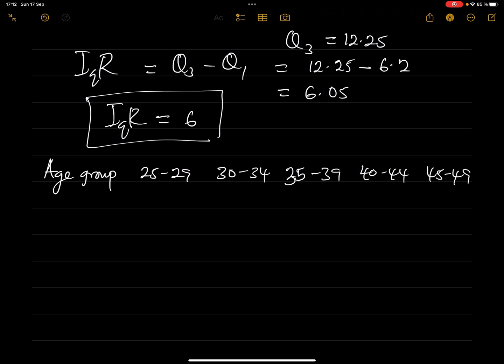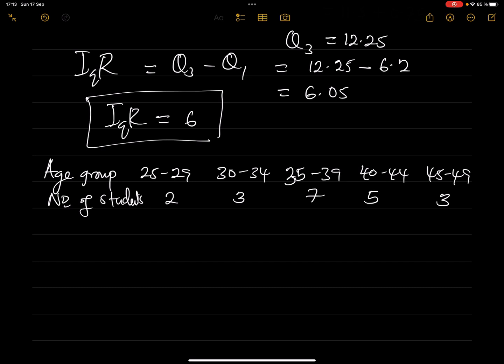Then we have the number of students in each of these age groups. Here we have only 2 in the adult class, then 3, 7, 5, and here we have 3.